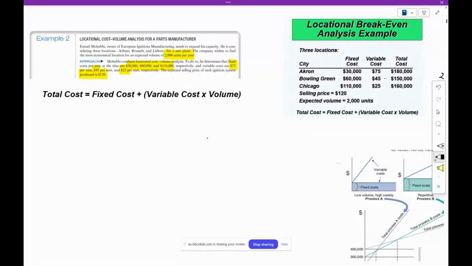And the common way we like to put this would be to have our locations at the top, A, B, and C. We start with the fixed cost: 30,000, 60, and 110.